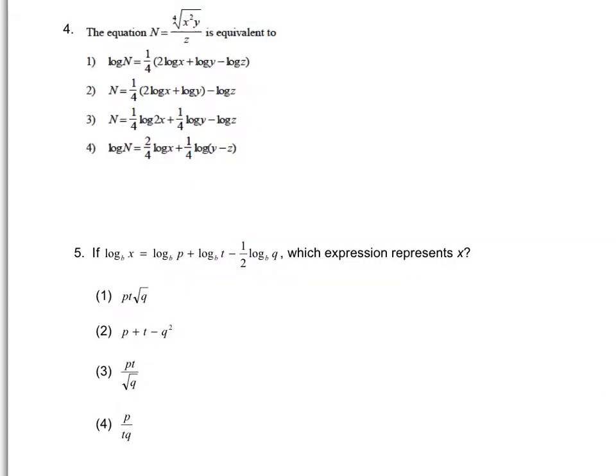Okay, they want us to write it as a log because all the answers are logs. So let's see, fourth root means raising to the 1/4 power, but everybody on the top only is being raised to the 1/4 power, so I'm going to be careful.